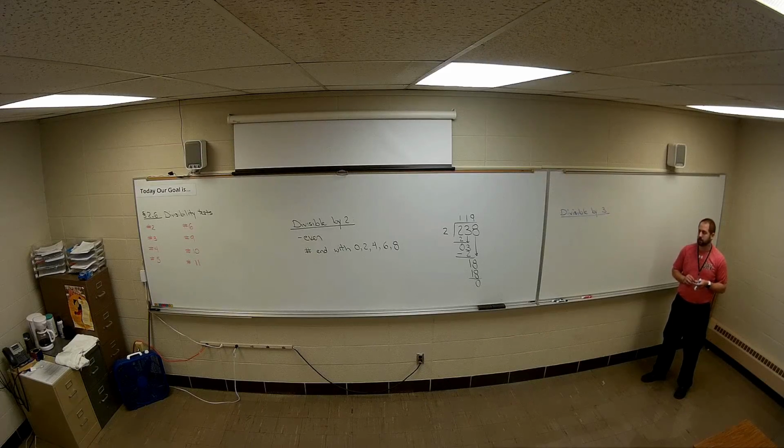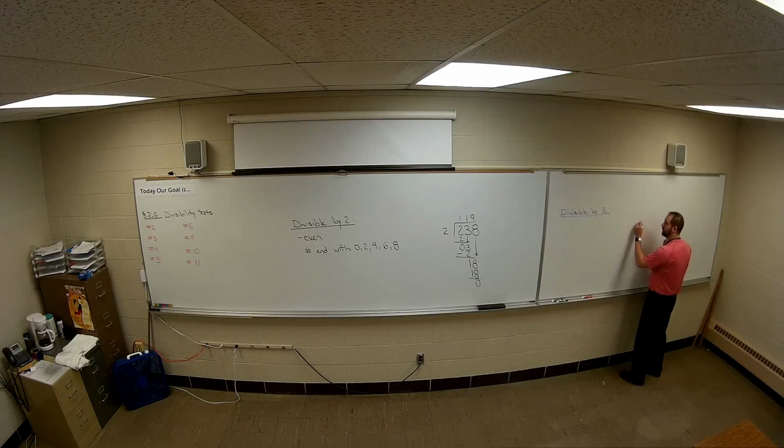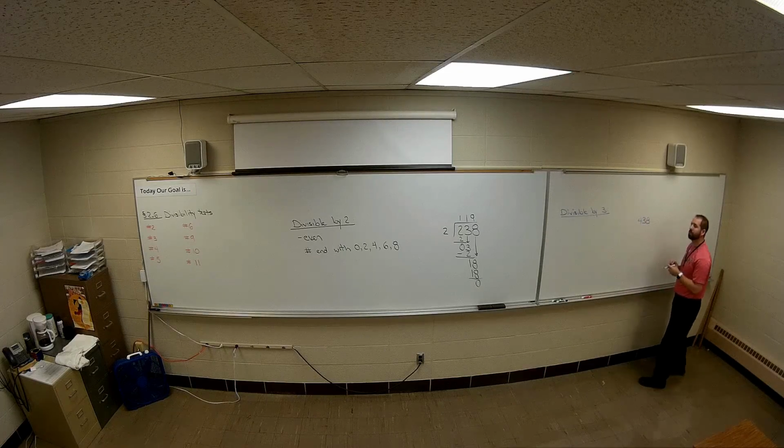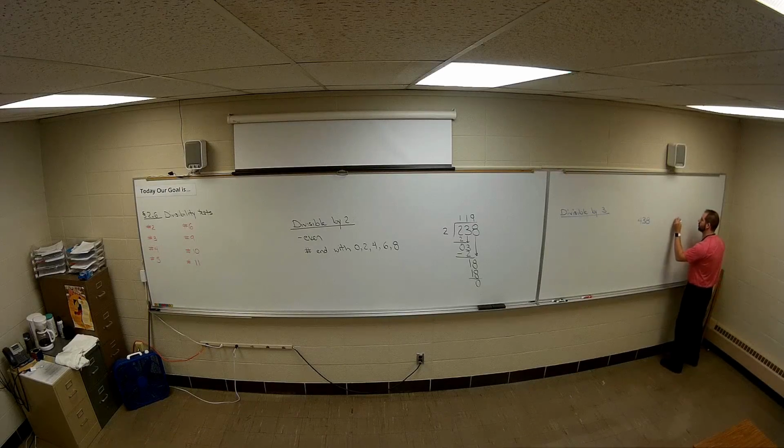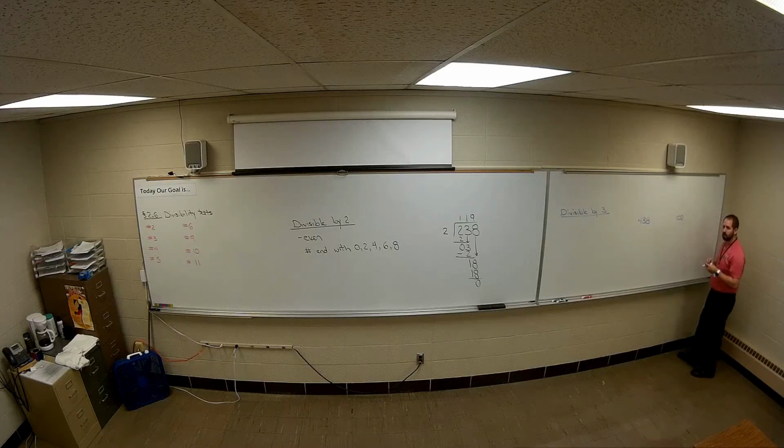It is not. Okay? A number that could be would be the number 438. 438 is divisible by 3. I can tell you that. I can promise you that it's divisible by 3. What about 102? That's divisible by 3.